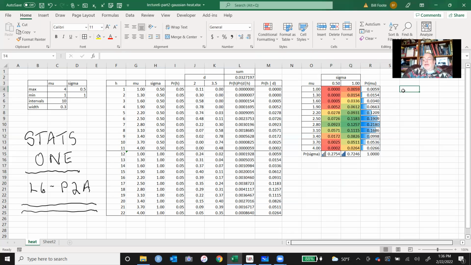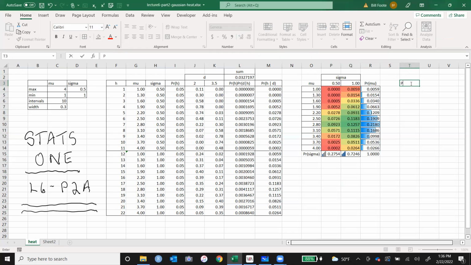That's pretty easy to do. We simply need to do the product of PR mu times mu. So this gives the contribution. Here's PR mu times mu. Very low contribution.